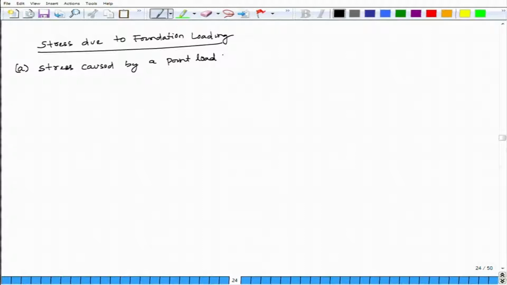This is called Boussinesq theory. Boussinesq 1885 obtained a solution for stress and displacement in the interior of a soil mass due to a vertical point load applied at the ground surface. Take an example. This has been given by Boussinesq.